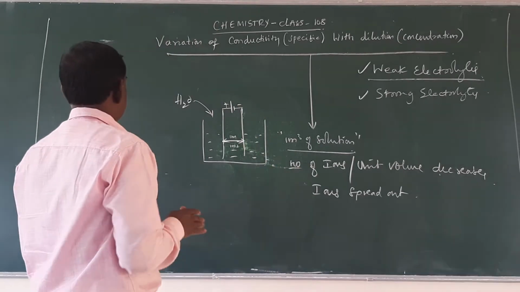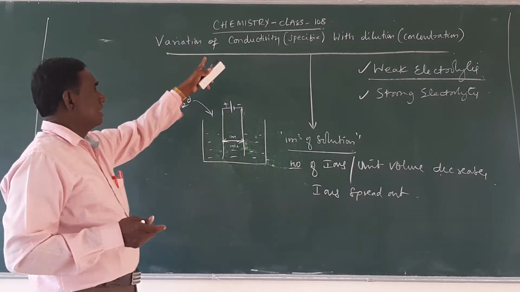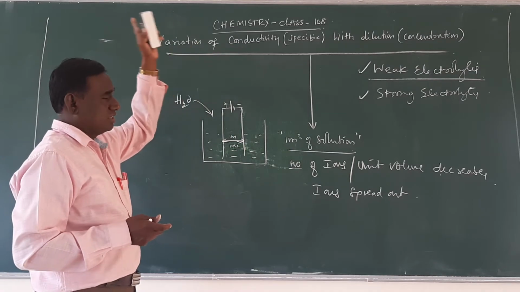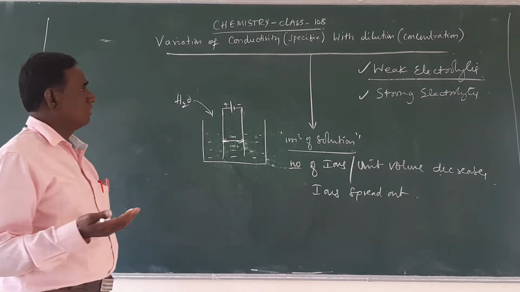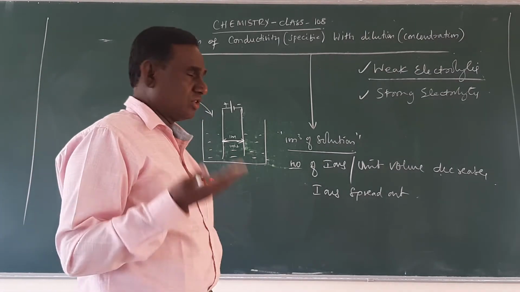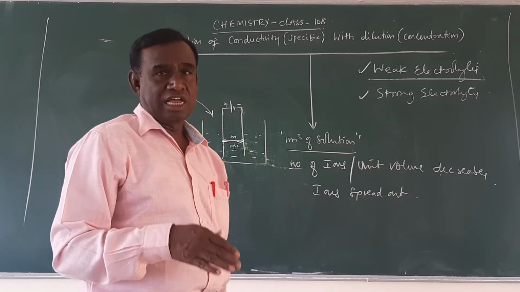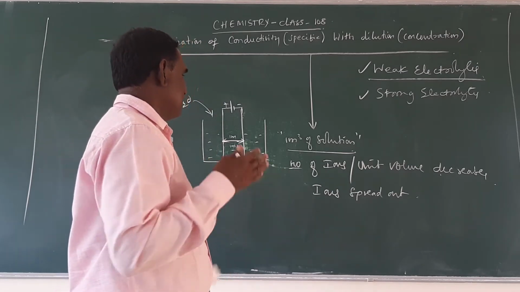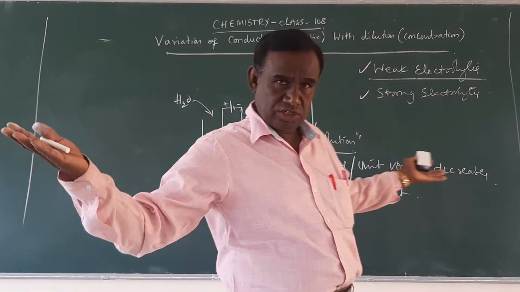So that is the effect of dilution on specific conductivity. As dilution increases, as more and more water is added, the number of ions per unit volume decreases and the ions spread out between the electrodes.